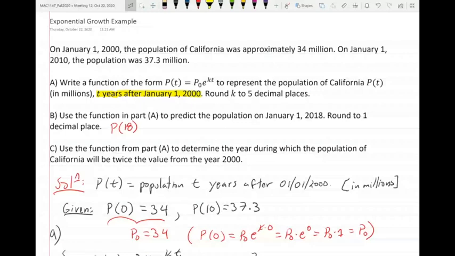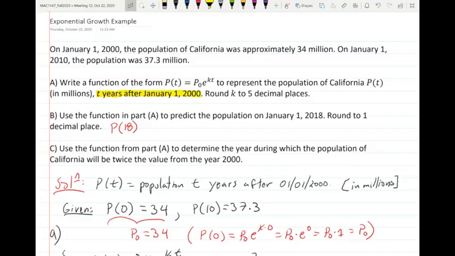What do we do here? How do we answer this question? Exactly, twice the population from the year 2000. What they're really asking is when will the population double, right? So initial population times 2. Very good. So when will the population double?